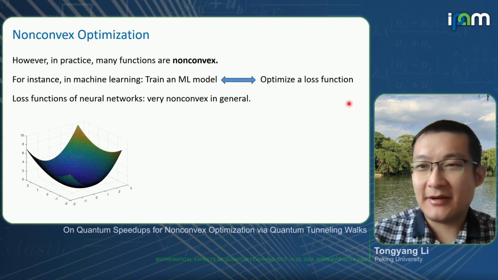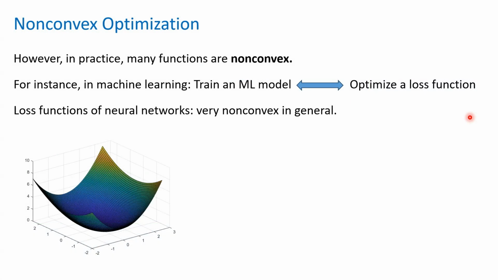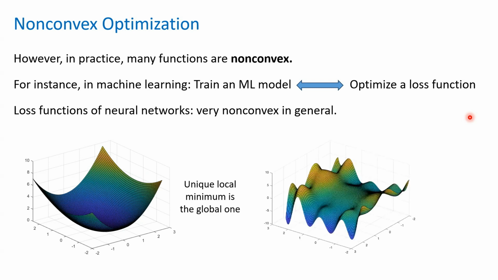When we talk about a convex function, its landscape looks like this, with a unique local minimum, which is the global one. But the loss landscape of a neural network is much more complicated. It probably looks like this, and it has so many local minima.